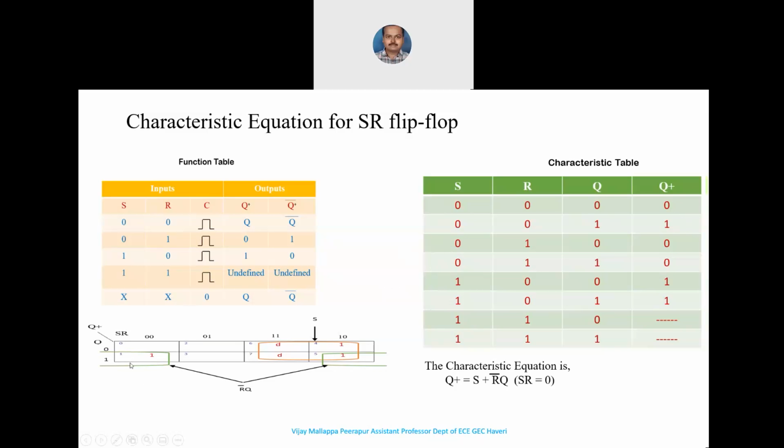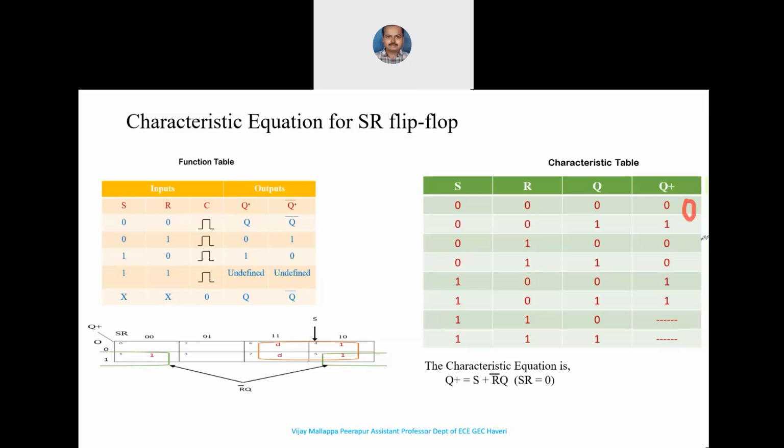Just by looking at this, as I said, when both S and R are 1, it is an indeterminate state. We take it as a don't care condition, right? We have just a few minutes, so we'll try to wind up this one.